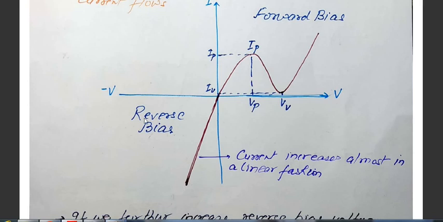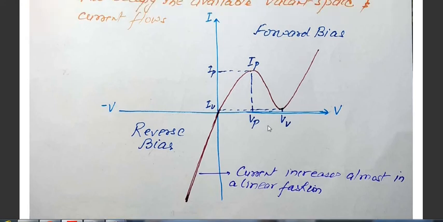So here in this case we have applied VR1 as a reverse bias voltage, and if we further increase the reverse bias voltage, the current will increase in the reverse direction and the difference between the two Fermi levels will increase.